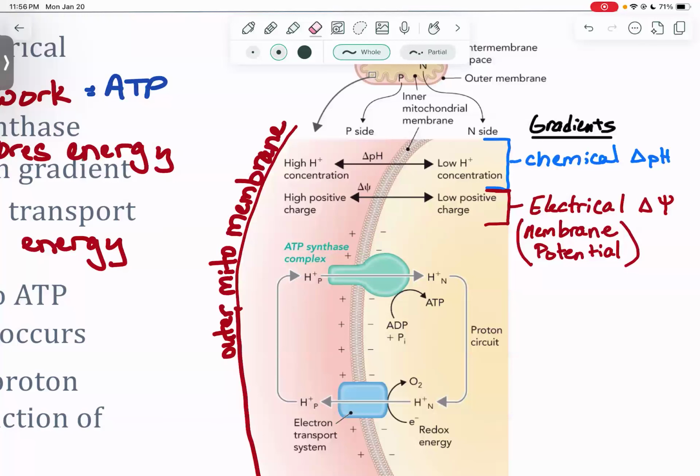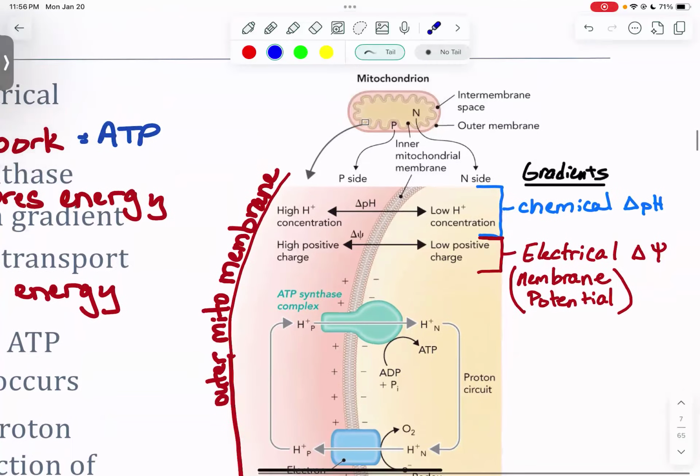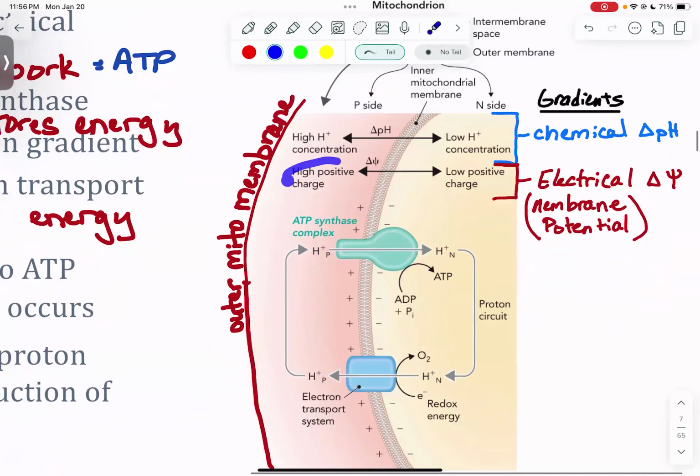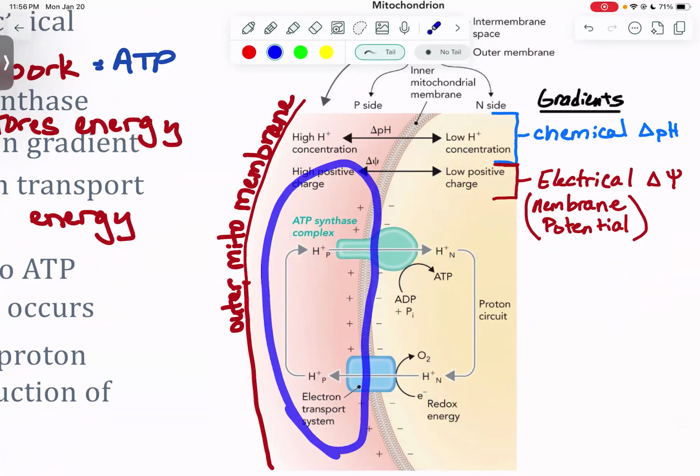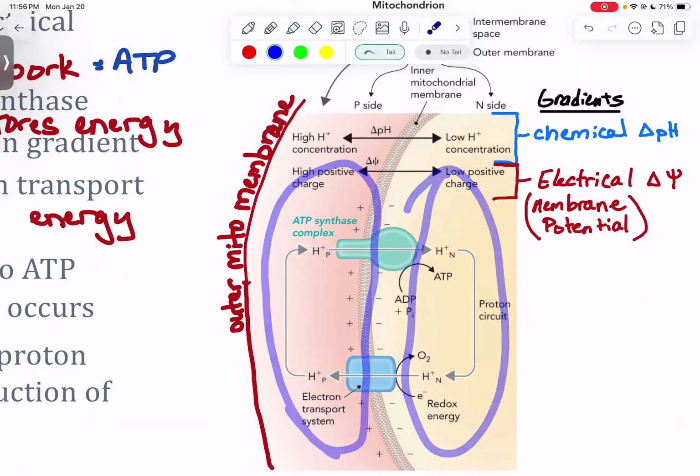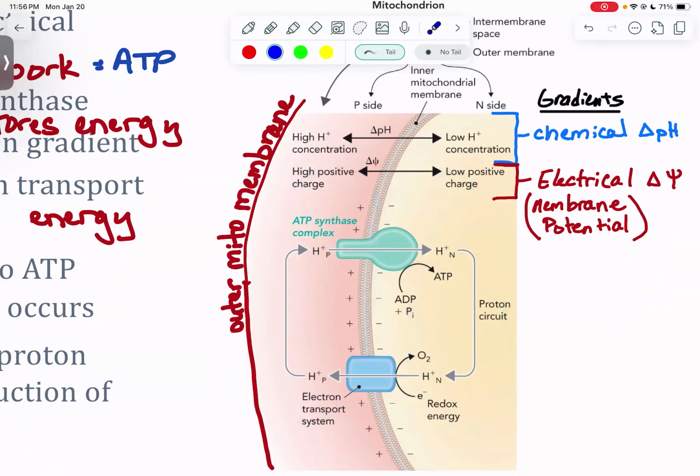If I have more protons in this area than in this area, then this is going to be more positive than this. And so that's our electrical membrane potential. We have a difference in the charge. It's still protons on one side and protons on the other side, but it's the difference in the number of them that gives you that.